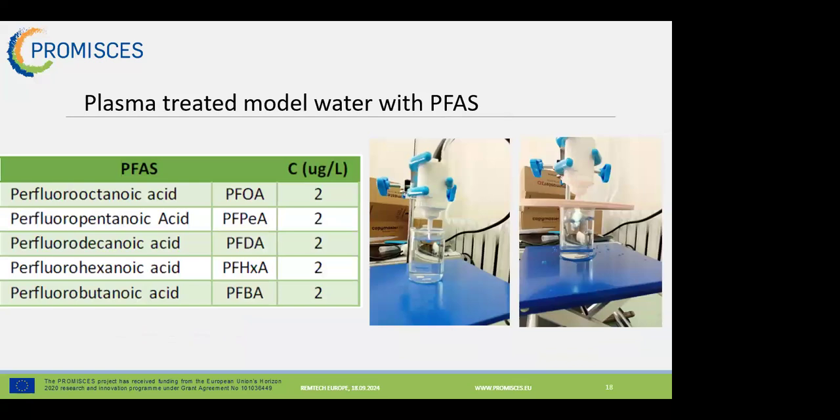With these two new plasma sources, we have treated model water with a mix of 5 PFAS compounds with a concentration of 2 microgram per liter each, which means 10 for the mix.